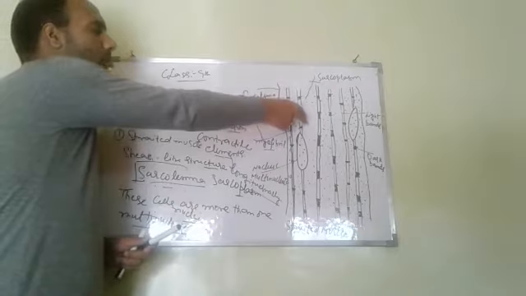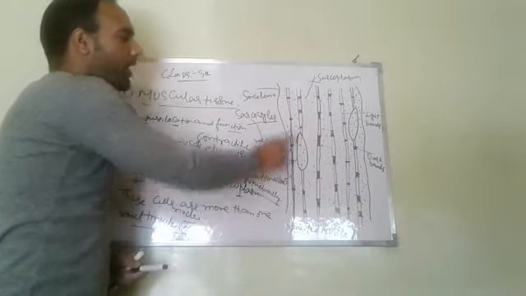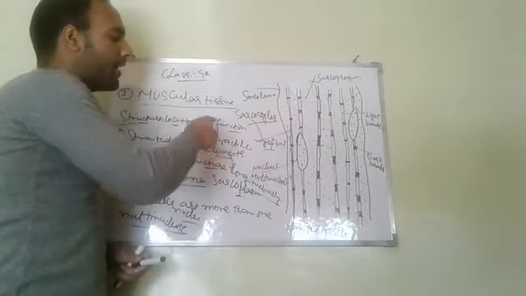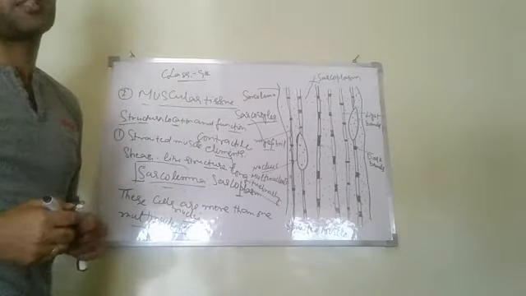Now, in the cytoplasm or sarcoplasm of the striated muscle run longitudinally contractile elements which are called myofibrils or sarcostyles.